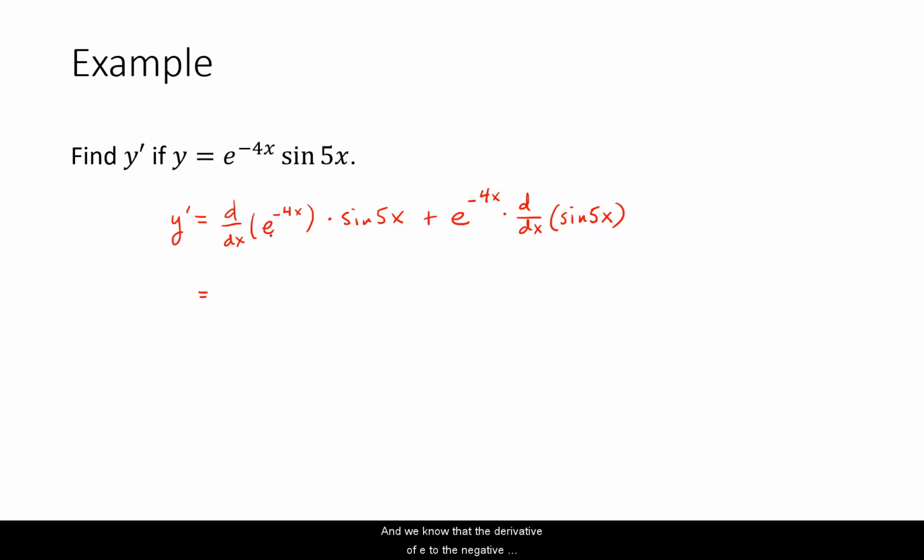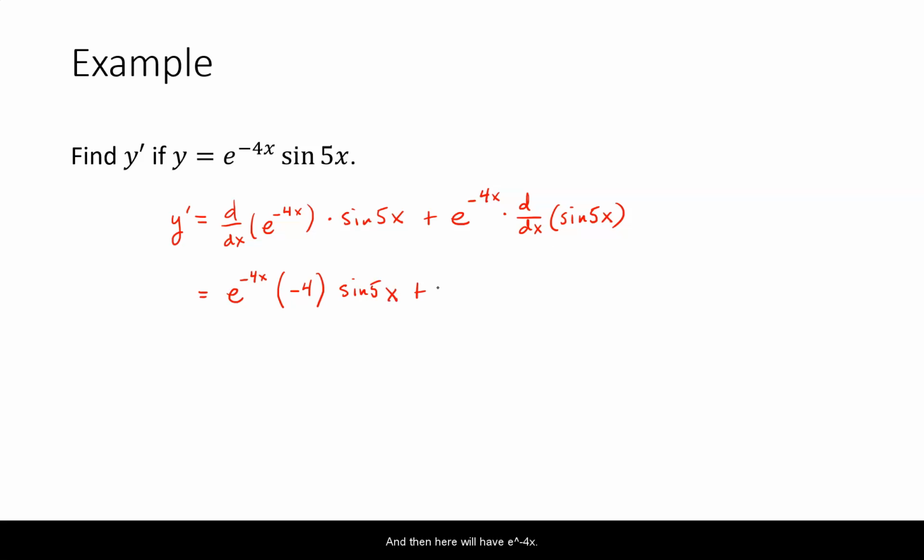And we know that the derivative of e to the negative 4x will be e to the negative 4x. And then applying the chain rule, we'll have multiplied by the derivative of negative 4x, which will be negative 4, and then times sine of 5x. Okay.